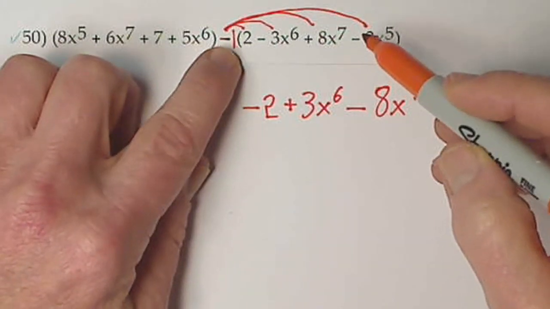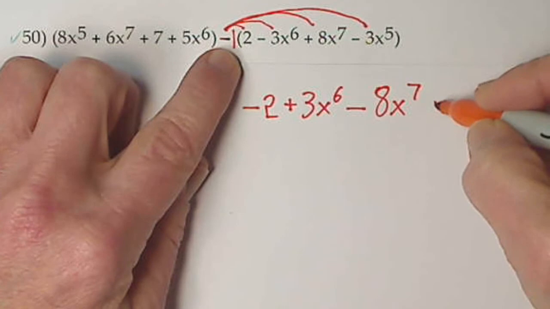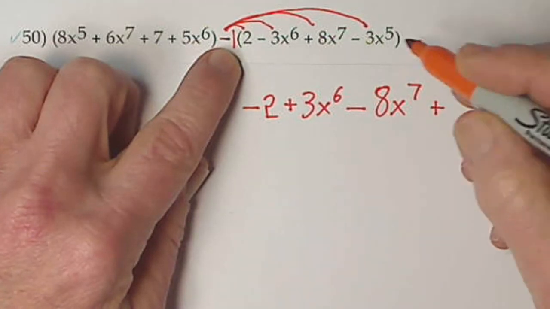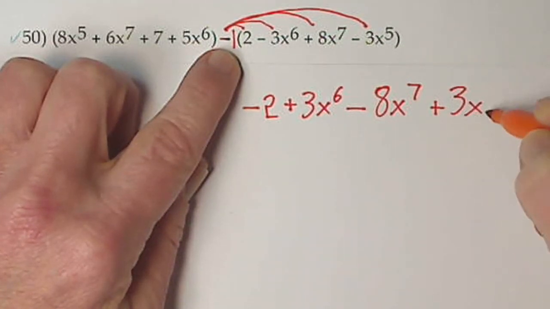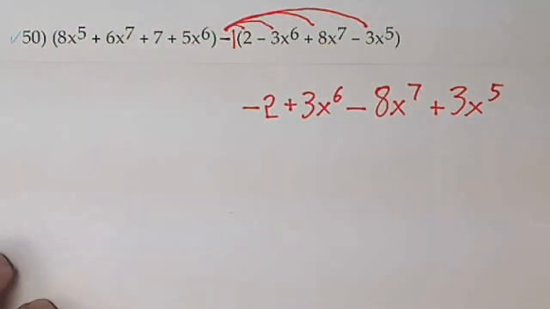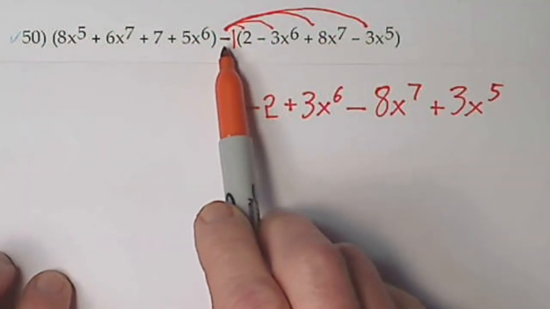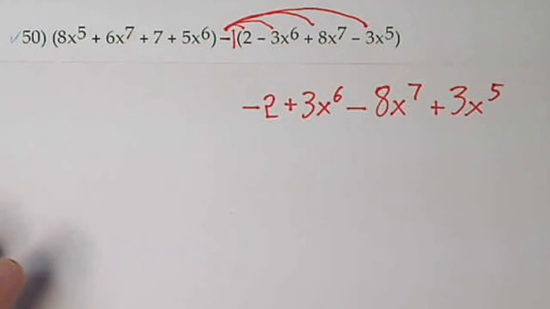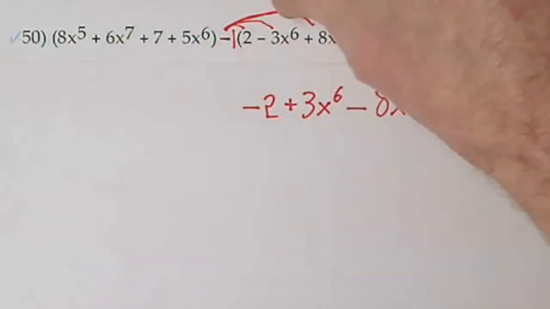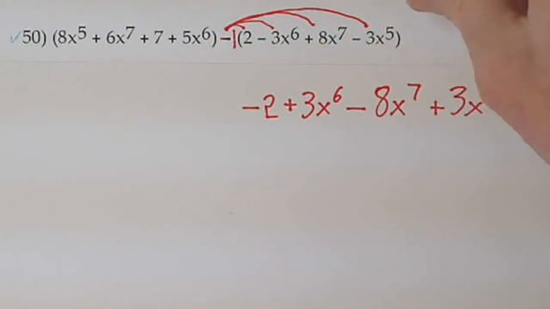And then finally, negative times negative is positive 3x to the 5th. Okay, so basically the shortcut, when this negative's in front, all the signs change inside. Well, it wouldn't affect exponents, you notice. They didn't become negative. That's a whole different arena.